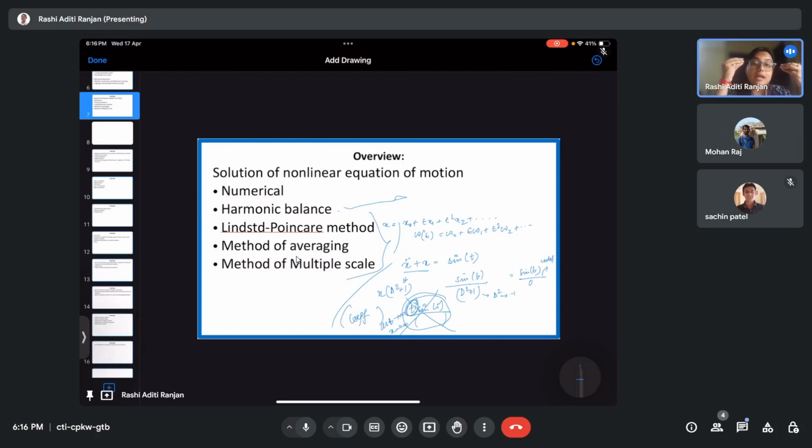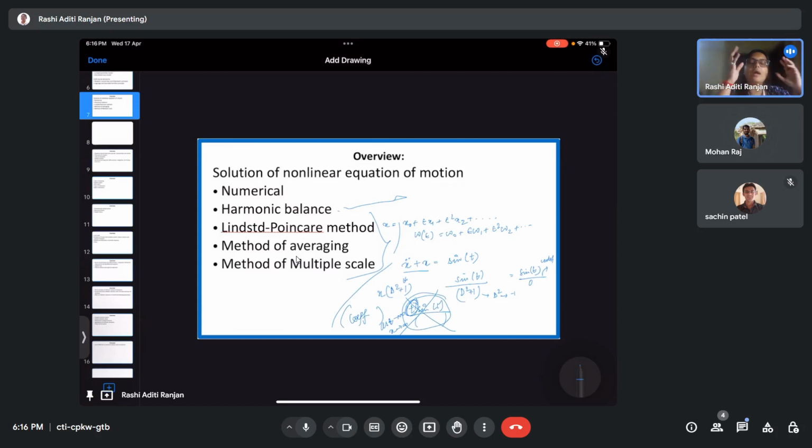However, if I get a forcing that is not inside that criteria, by which I cannot find a particular integral, then this method fails. Then you'll have to go to the numerical method. Understood?